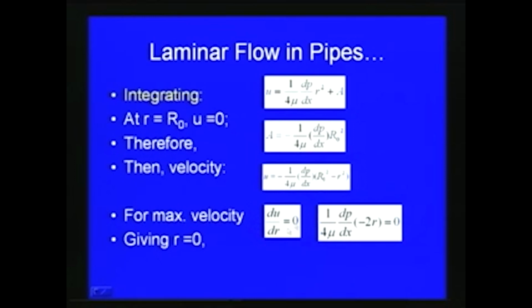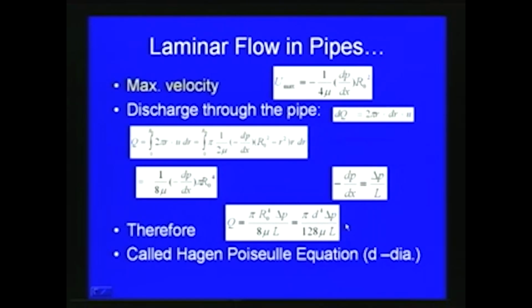For maximum velocity, u max is equal to minus 1 by 4 mu dp by dx into r0 square.